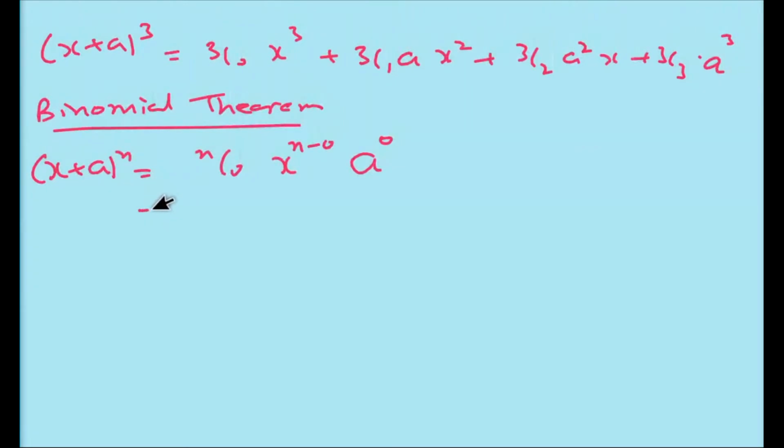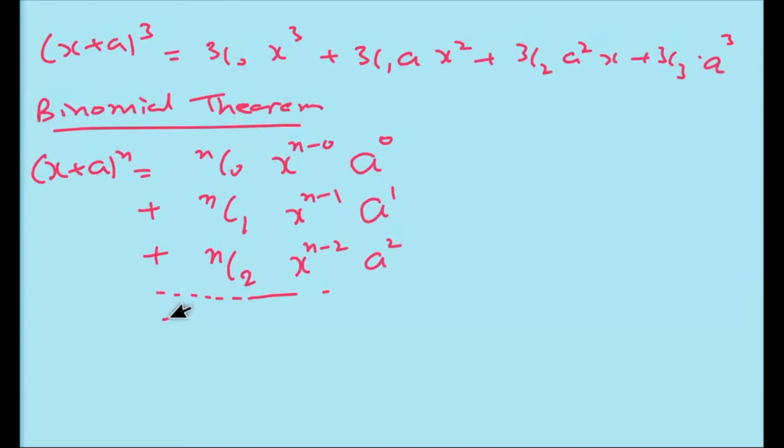Now what is the next term? That is nc1 x to the power n minus 1 a to the power 1. So you can check here student, the next term we can write nc2 x to the power n minus 2 a to the power 2 and so on.